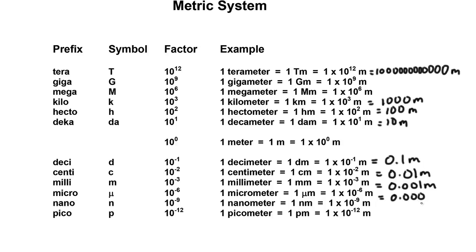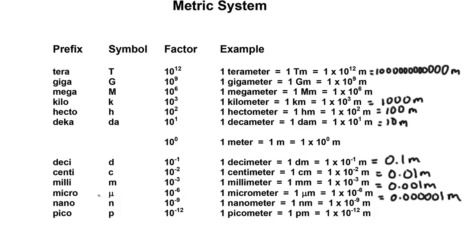So this is how it works. We have deci is 1/10, centi is 100th, milli is 1,000th, and micro is 1,000,000th.